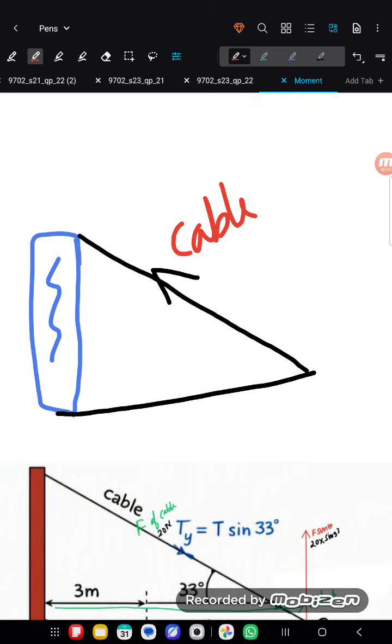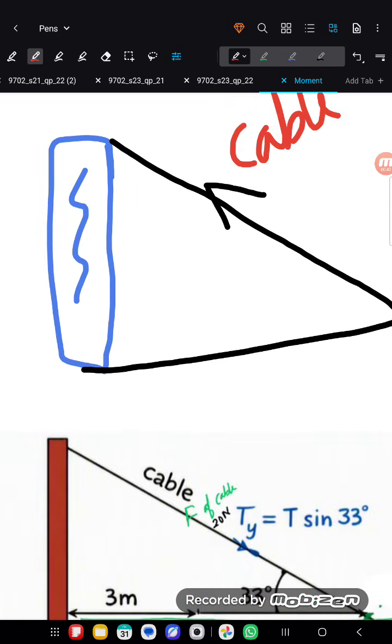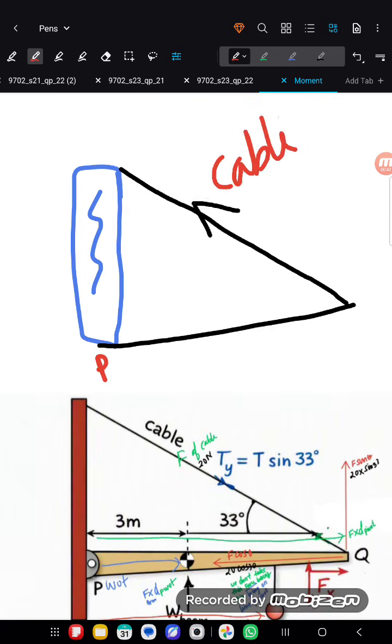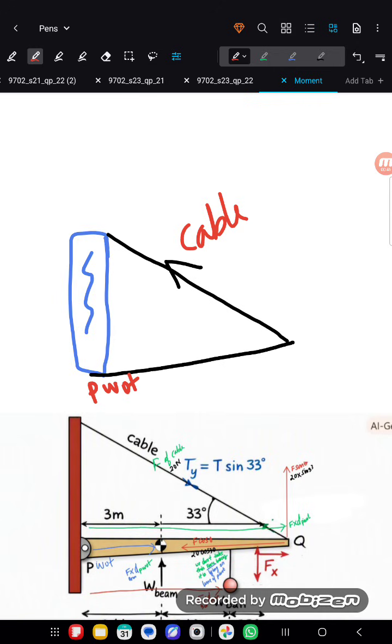Okay, this one is the cable. So this is the pencil keyboard. The keyboard where it's used for moving, like in the window there is a hinge, right?